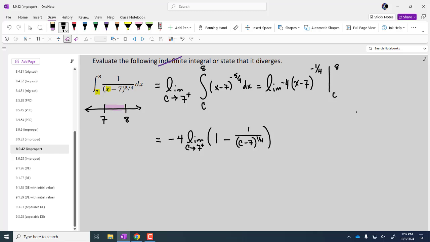So if 7 is being approached from the right, c minus 7 is always positive. And that we can then take the 4th root of that. If we were approaching 7 from the left, this would not be defined. You can't take the 4th root of a negative. All right, so this denominator is going to 0.